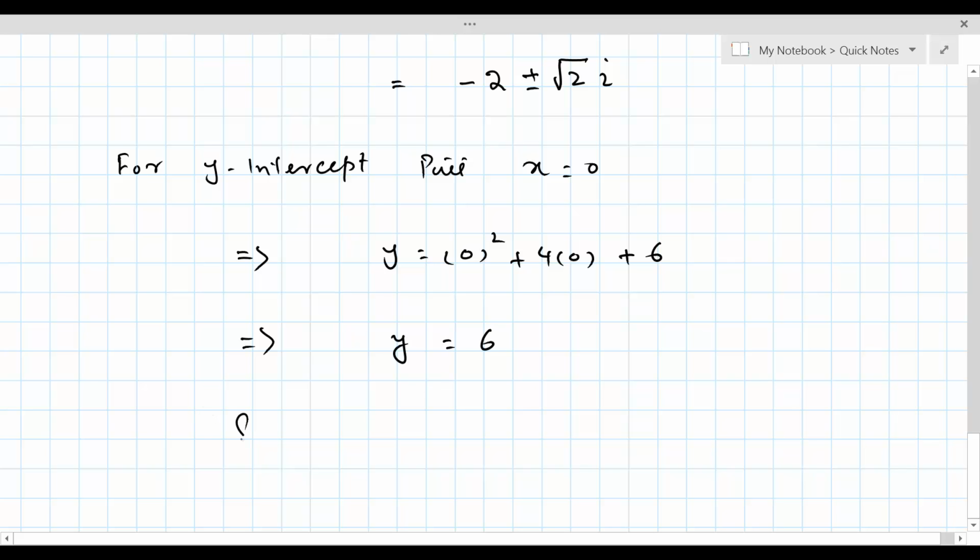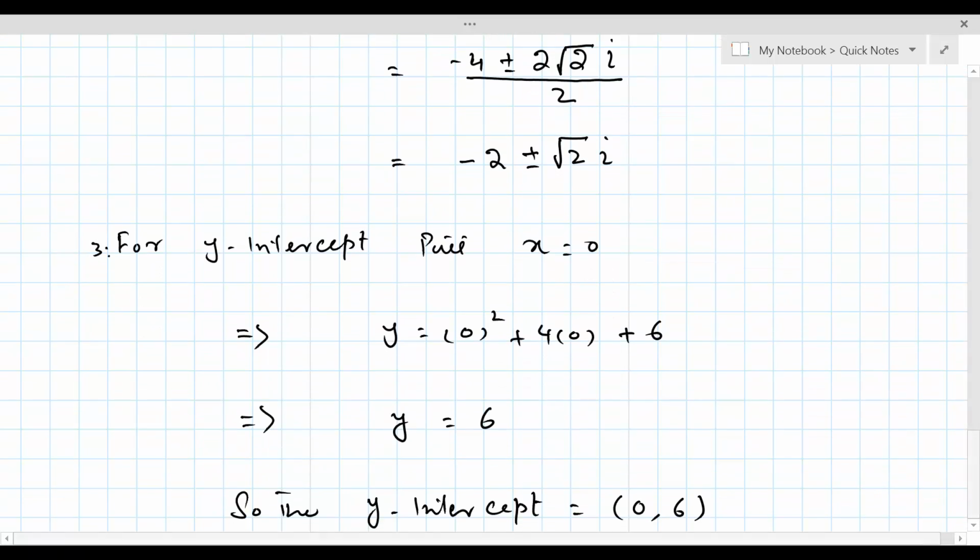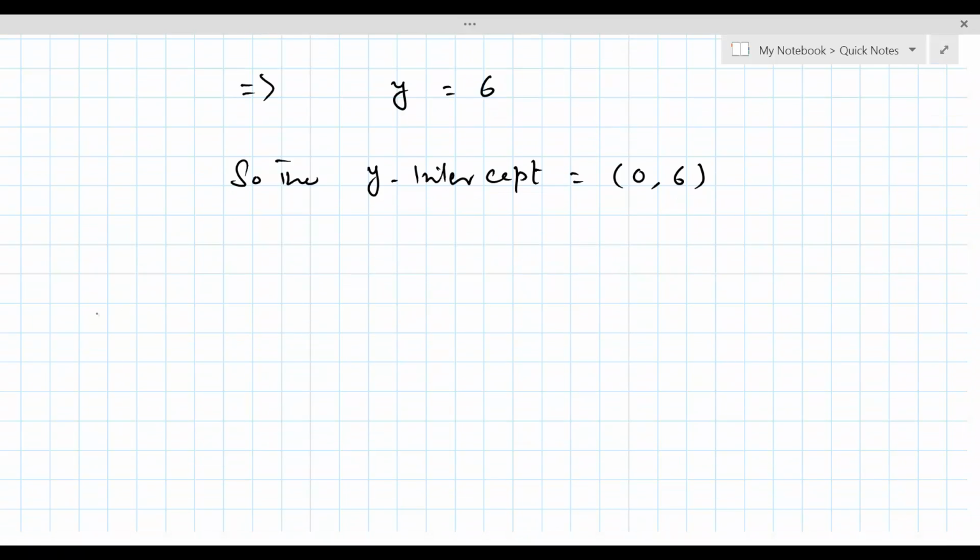So the y-intercept is equal to 0, 6. And now at the end we need to find the graph of this parabola. Here the a value is equal to 1, as we have seen for the graph. Now let's find the graph.